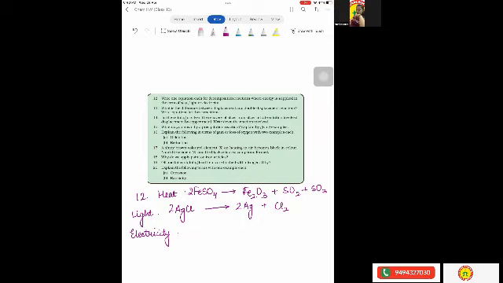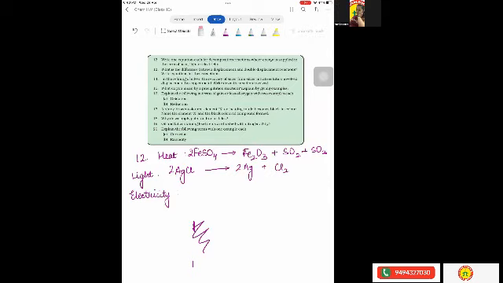Tell me the reaction. You cannot write electrolysis of water. H2O when passed through electricity gives H2 plus O2. Yes. So when we pass electricity through water, it leads to the formation of hydrogen and oxygen gas. Let's move to the 13th question now.